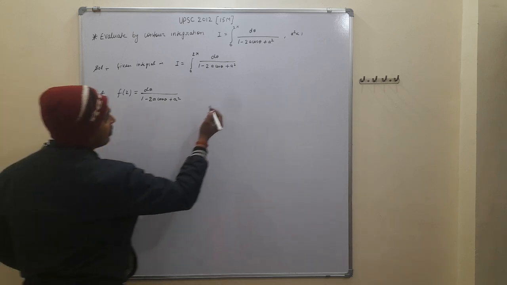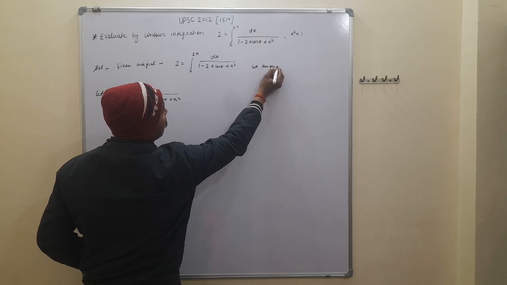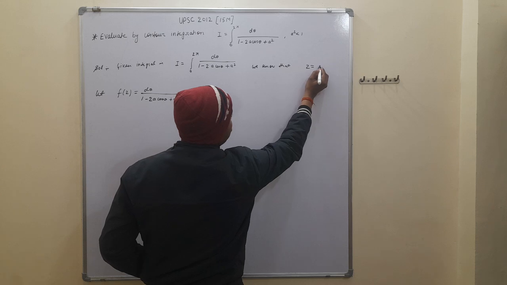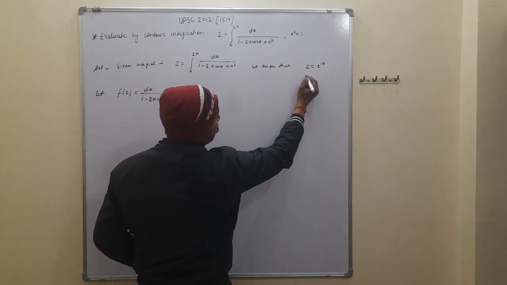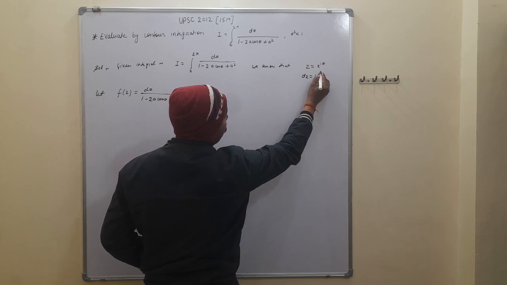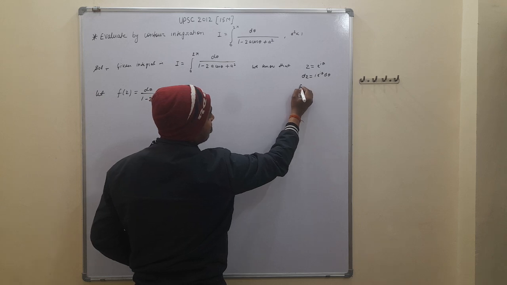We know that z is equal to e to the power of i theta. Then we differentiate with respect to theta. This is dz equal to i e to the power of i theta d theta, and putting the value of e to the power i theta, dz equals i z d theta.